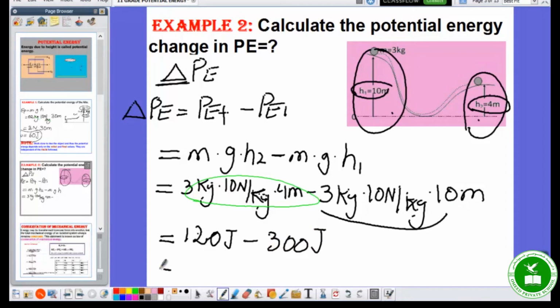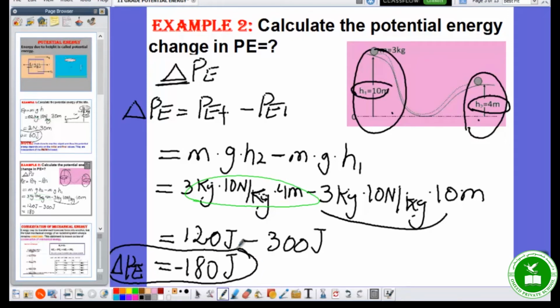Finally the change in potential energy will be minus 180 joules. This minus shows that if height decreases, then potential energy will decrease. So the change in potential energy is minus 180 joules. This minus shows the decrease in potential energy.